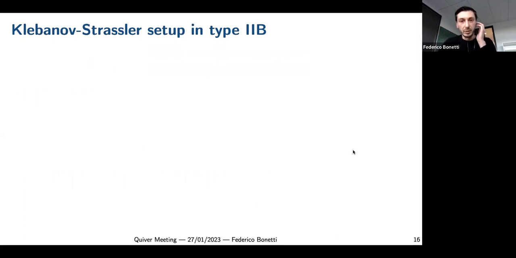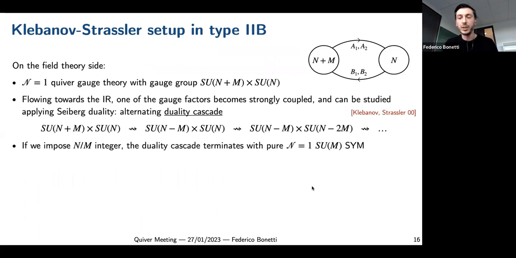As I briefly alluded to earlier, what's happening on the gauge theory side is actually quite a rich story. There is a quiver gauge theory with two SU gauge groups, and as explained in full detail in the work of Klebanov and Strassler, as we flow towards the IR, we find a duality cascade: one of the two gauge groups becomes strongly coupled, and it's best analyzed if we do Seiberg duality.